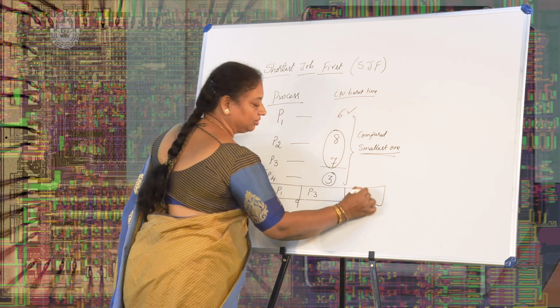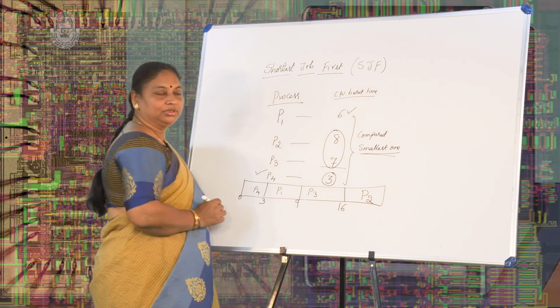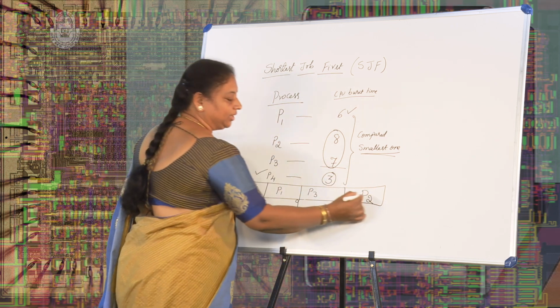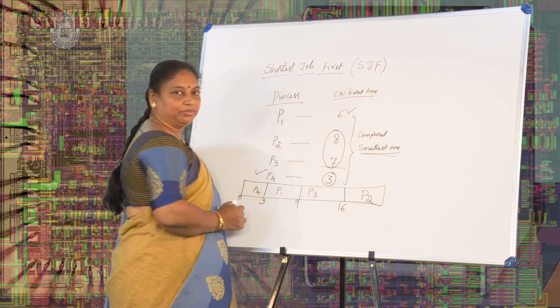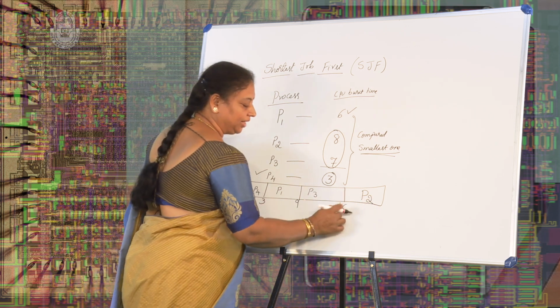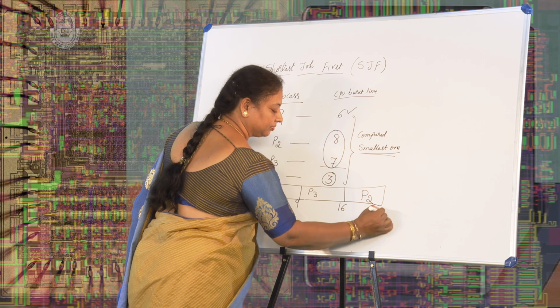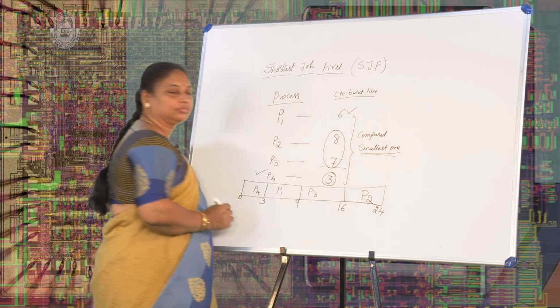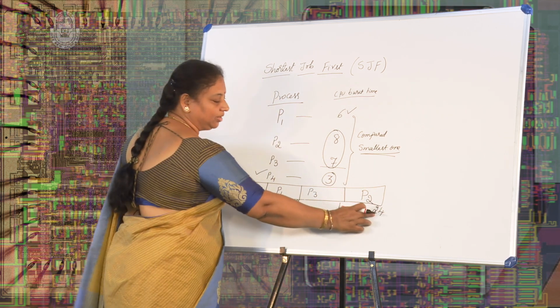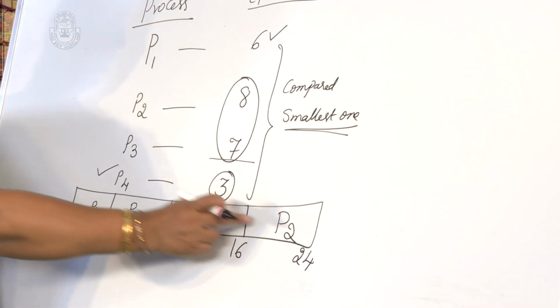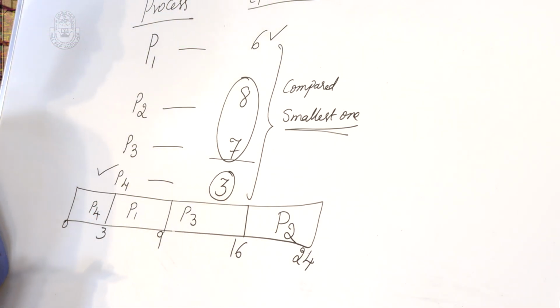Next, the left out is P2. So it is served and it needs 8 CPU burst time. So 16 plus 8. So at the 24th millisecond, the execution of P2 will be completed.